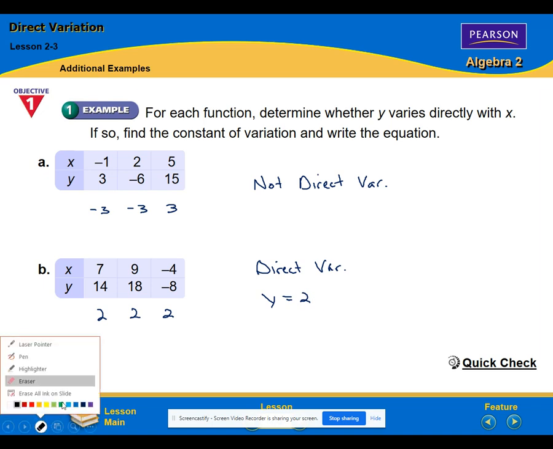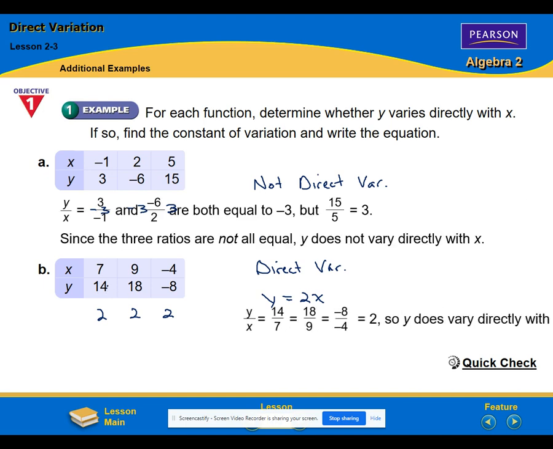Y equals 2x. Now understand that if you plotted these points on the coordinate grid, they would all form a line, and the line would pass through the origin. If you plotted the other points, they would not be a line that passes through the origin. It would have to be some curve or something, because this is not direct variation.